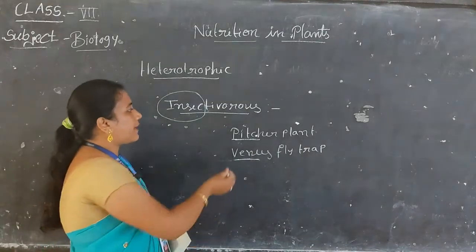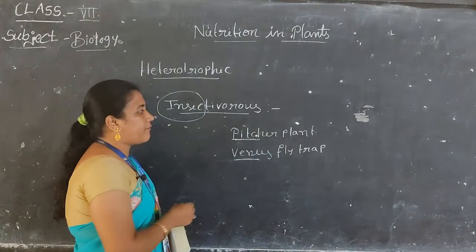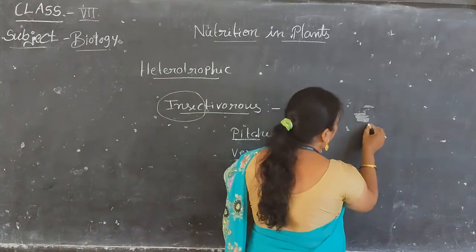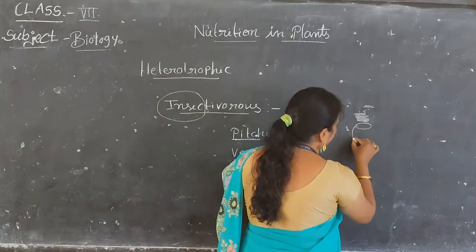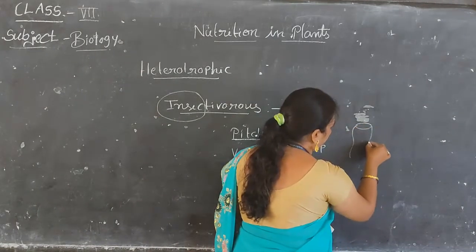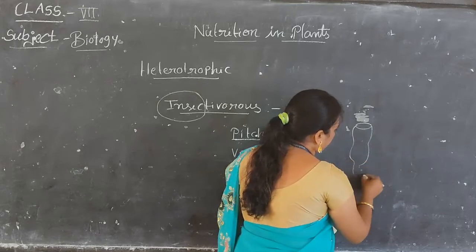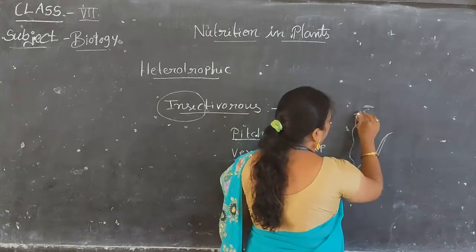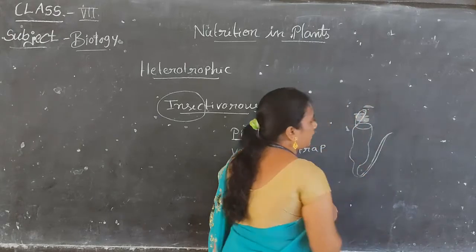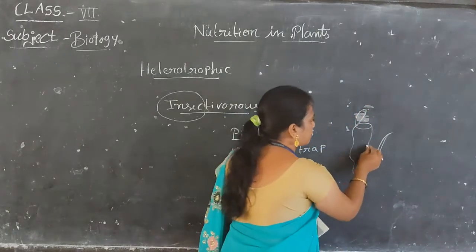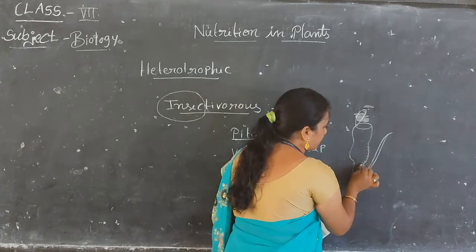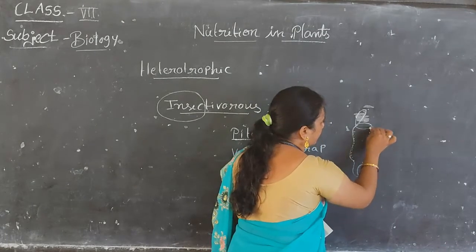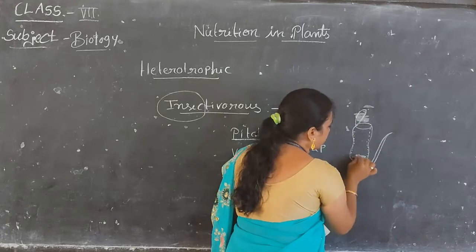So for these pitcher plants and Venus flytrap, if you take the pitcher plant, the structure of the leaf is modified like a pitcher, so we call them pitchers. It has a lid-like structure also to trap the insect. Inside, small hair-like structures are present, and some digestive enzymes are present.